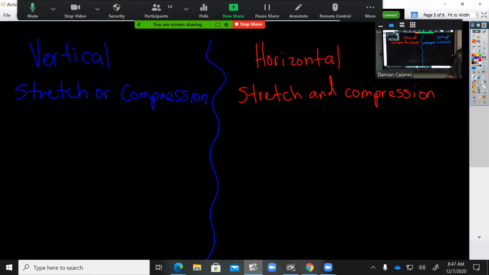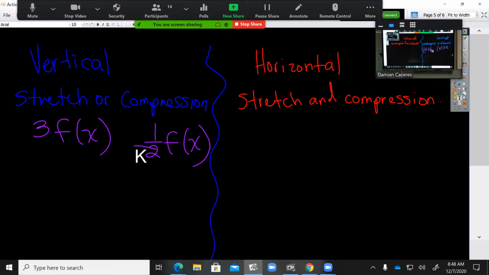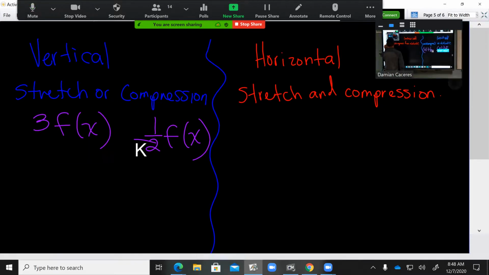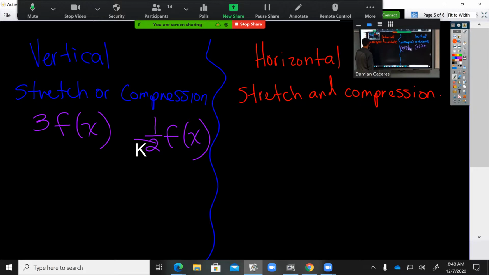Now let me show you how the rule looks. The rule is this: if the number's outside of the parentheses, like this, or like this. So these two examples, write them down. Now, if you multiply something by 3, you make it bigger.